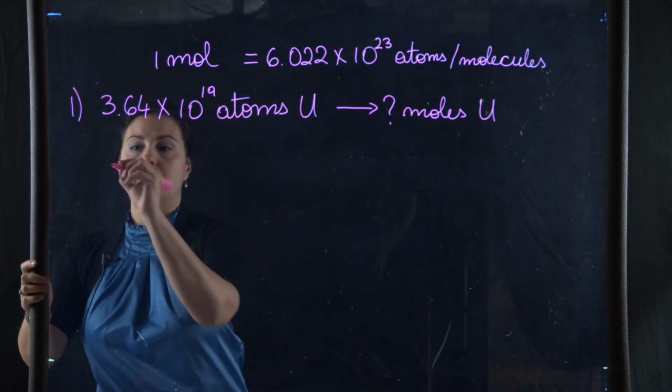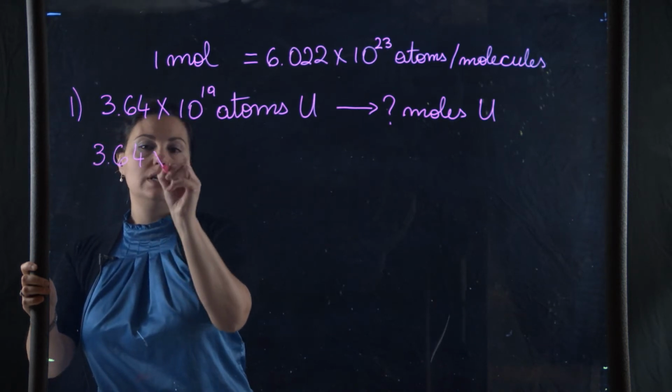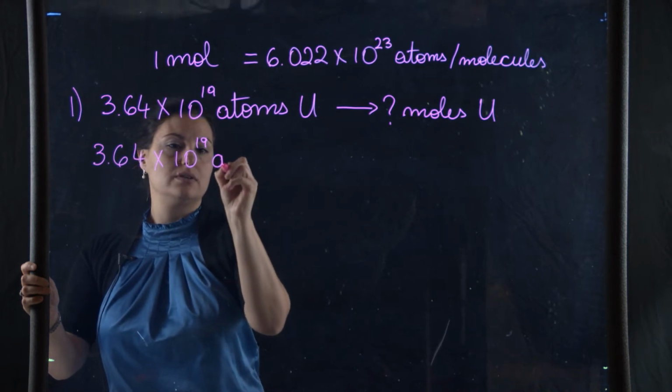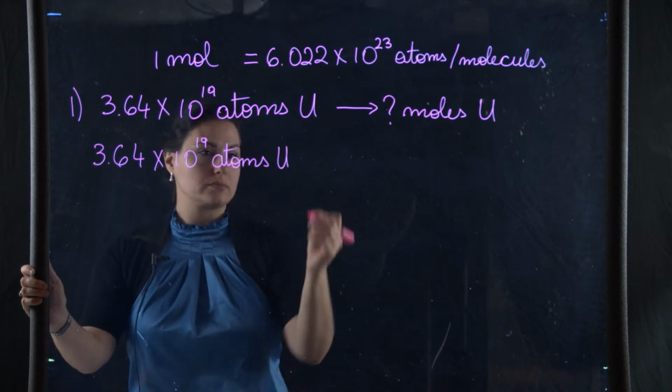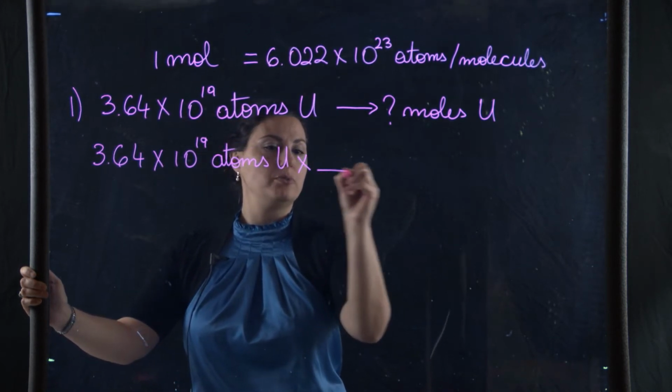Let's start with what we're given. 3.64 times 10 to the 19th atoms of uranium. And now I can write my conversion factor multiplied.